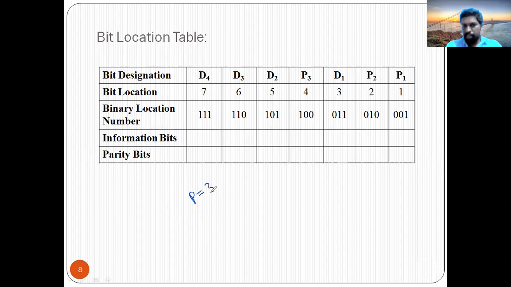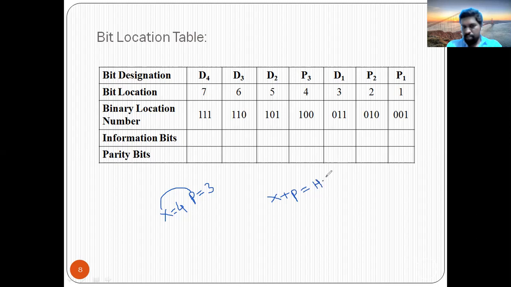That means the number of parity bits is equal to 3. Originally the data bits are 4. So when you combine the value of x and the value of p, that means x plus p always gives you the length of the Hamming code. Very, very important. That means how many bits should be present in the Hamming code is decided by this formula.